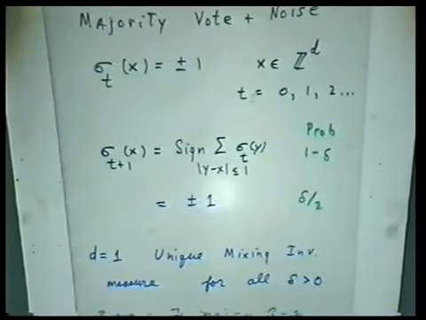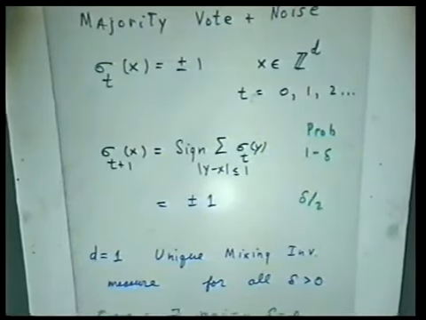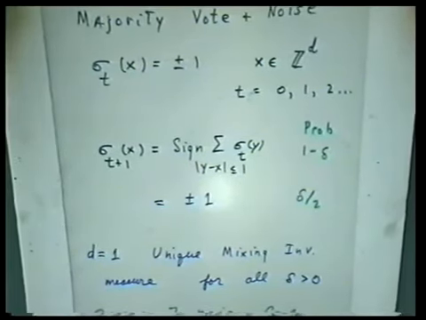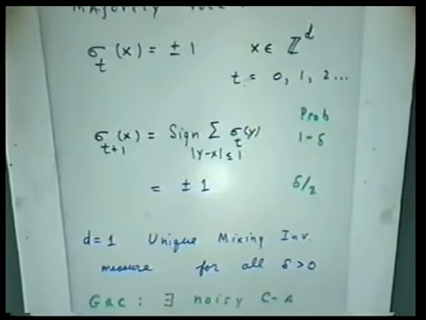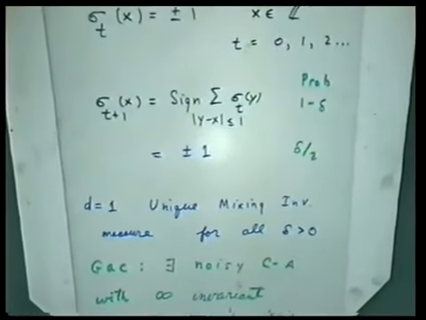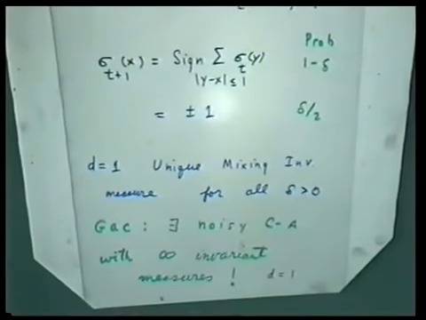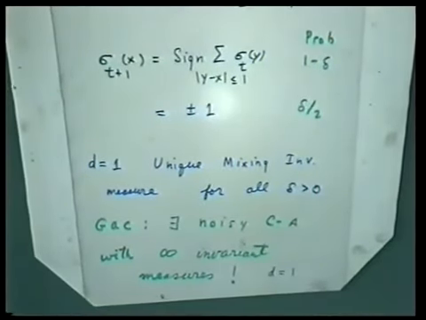And then once in a while you make an error. You haven't even counted right or something. And you just put plus or minus 1 randomly. Okay? And you update sequentially, all these probabilities are independent, and you try to understand, let's say you start with all pluses to begin with, and you try to understand what happens with noise.